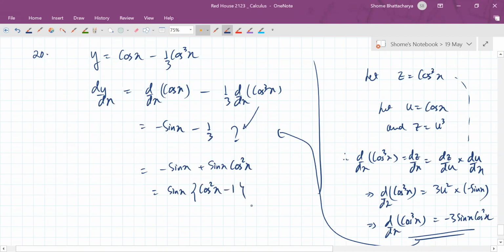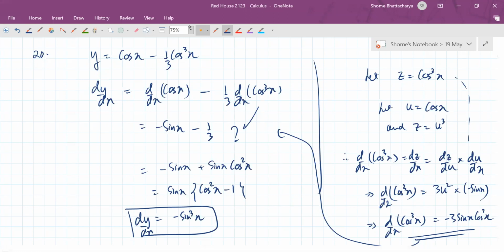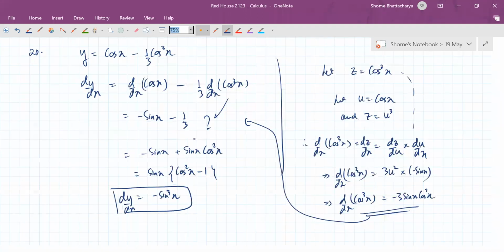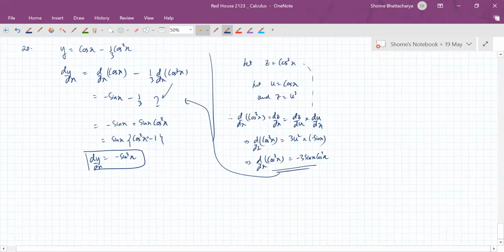Now further we can simplify this and we can see that 1 minus cos square x is sin square x. So this is in fact minus sin cube x. So here I'm just using the substitution.